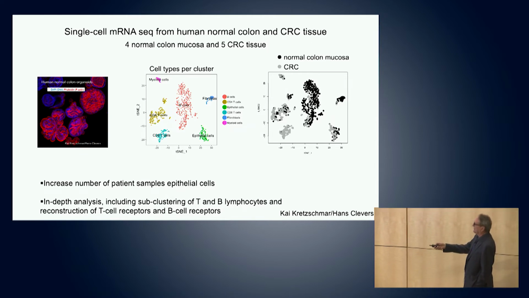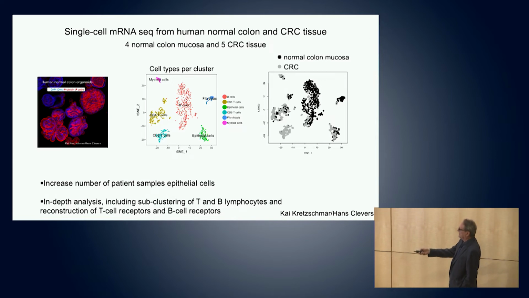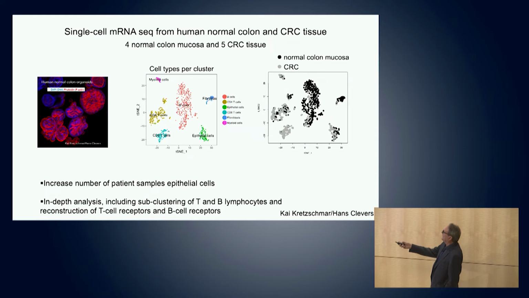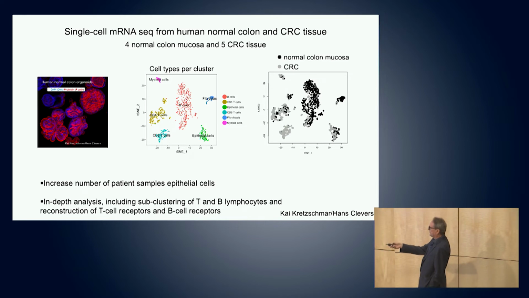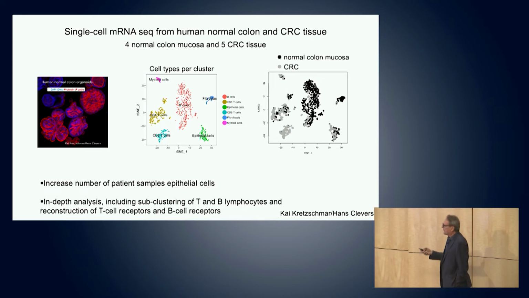And we see here, in particular, interesting all the T and the B cells. And the comparison, and that's, I think, a very useful comparison of normal mucosa and colorectal cancer. And you see, for example, here, complete new sets of cells or clusters occurring, which are the CD8 T cells. And I will come back in the next slide on that as well.